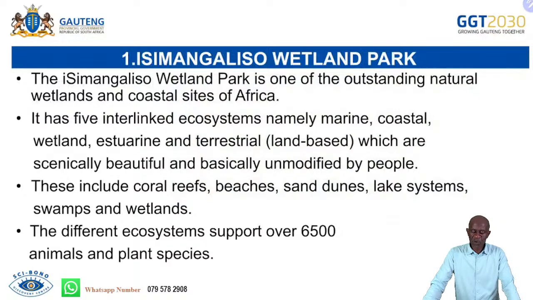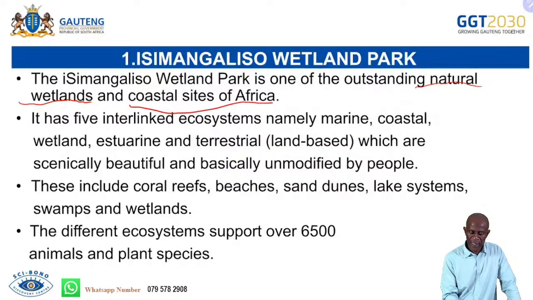The Isimangaliso Wetland Park, one of its attributes is that it is an outstanding natural wetland and coastal site of southern Africa. It is characterized by natural wetlands and coastal sites of Africa.